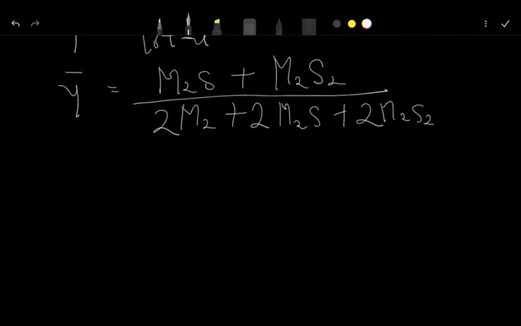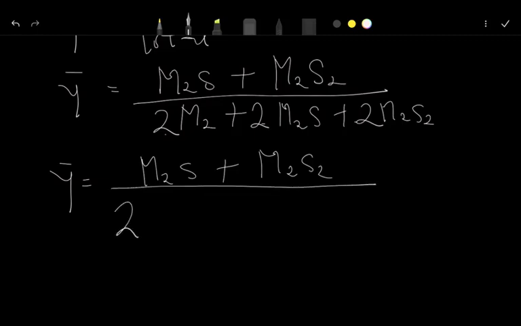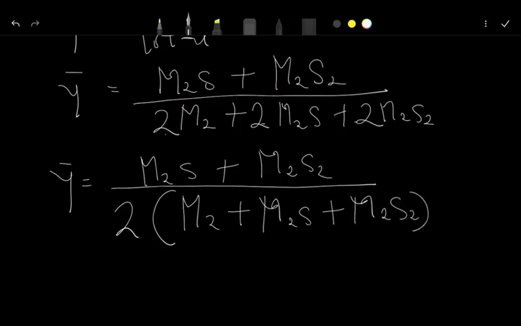Alright, so 2, 2, 2. I will just pick one 2. So I have y bar equals m2s plus m2s2 all over 2 in bracket m2 plus m2s plus m2s2. Are you there with me?